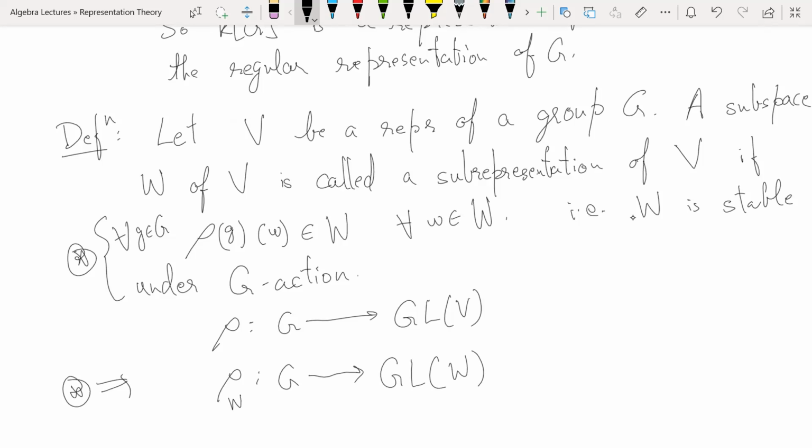So it induces a map from G to GL W. So that's what a subrepresentation is.